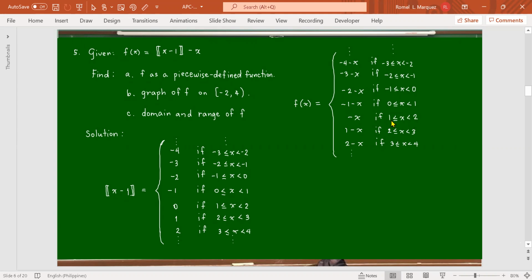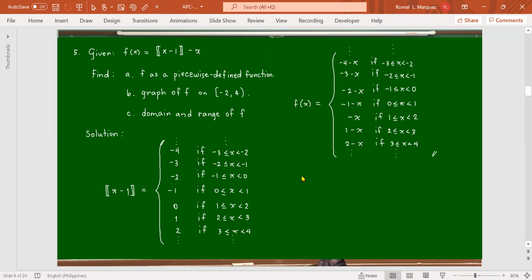Including 1. Okay, guys? There's a pattern, all right? And so on. Is this clear, children? So this is the piecewise defined function equivalent to the given function. Clear with this, children? Guys?